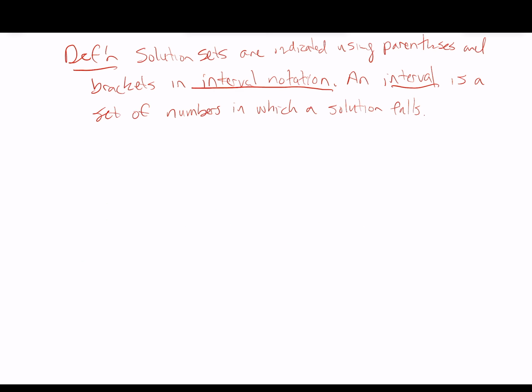To define or notate solution sets, another way is using set builder notation that has curly braces, where we have something like the set of all x such that x is greater than or equal to 2.